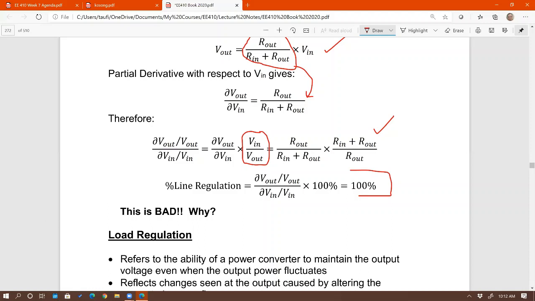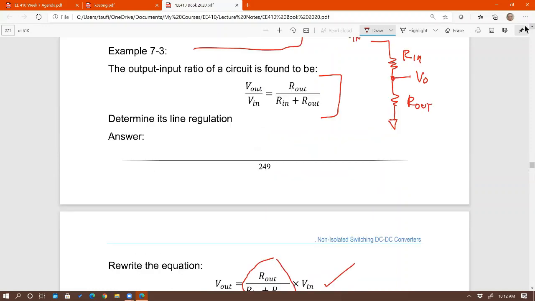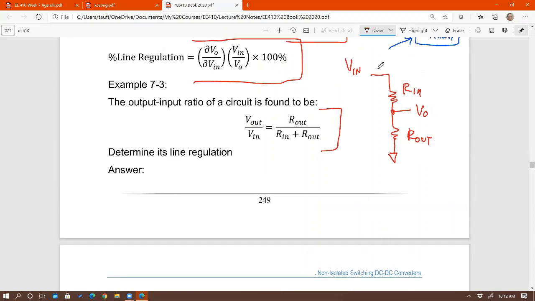And that is the main reason why a voltage divider is a very good voltage sensor, right? If you look at this voltage divider, it is a perfect voltage sensor for us, right? Because if the input voltage here changes by 25%, V out will also change by 25%. Would that be ideal for a voltage sensor, right?